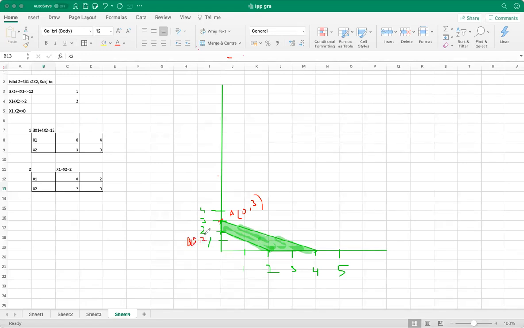This one. And this point is 2 and 0, my C. This is going to be 4 and 0, which is D. Okay? Understood? Yes, ma'am. Any doubts here?